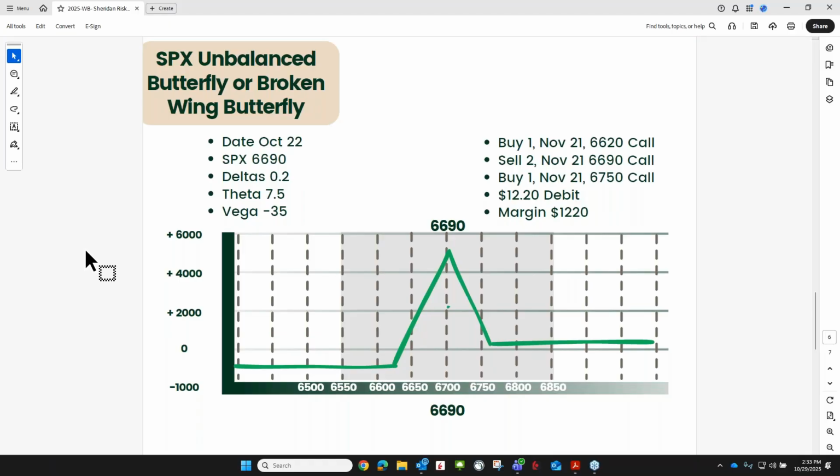What's that called, folks? That's a straddle. You're selling a straddle in the middle of it, whereas with an iron condor, you're selling the out of the money call and put. The foundation of an iron condor is a short strangle. The foundation of a butterfly, especially an iron butterfly, is a short straddle.